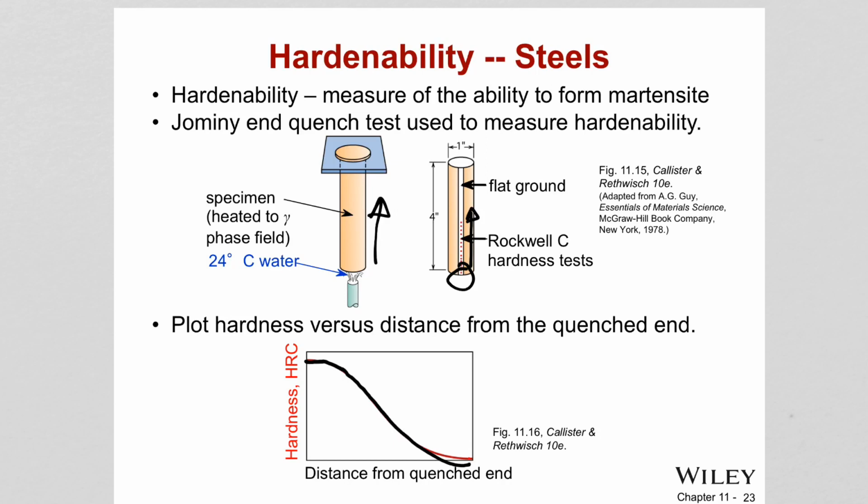We can say then it is highly hardenable if it retains large hardness values for relatively long distances. But if it doesn't have good hardenability, if it has low hardenability, then it will not retain this hardness when we keep moving away from the quenched end. And this is the information we obtained by measuring the hardness throughout the length.